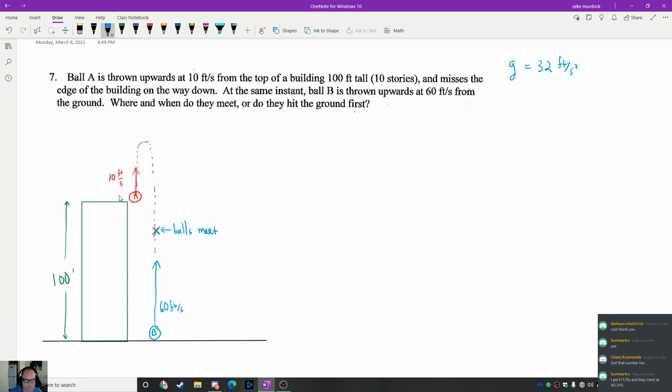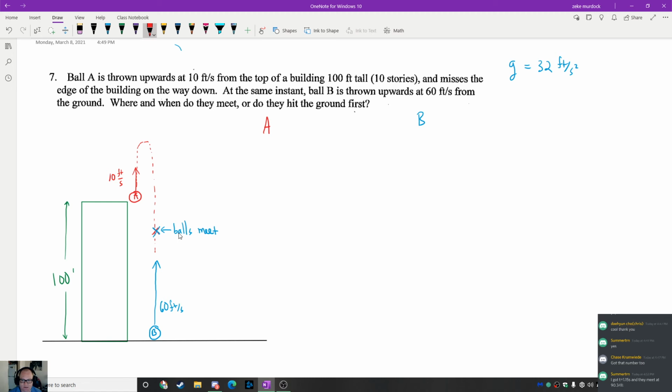Ball B starts on the ground. Ball A starts on the top of the roof. We do not know anything else. So if we were to create a little table, one for ball A and another for ball B, and write out the information, it'd be pretty clear that we're missing some information. But we're still going to write them out anyway because we don't know what else to do.